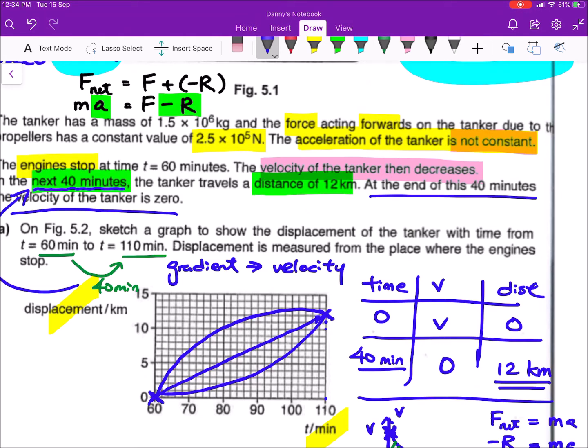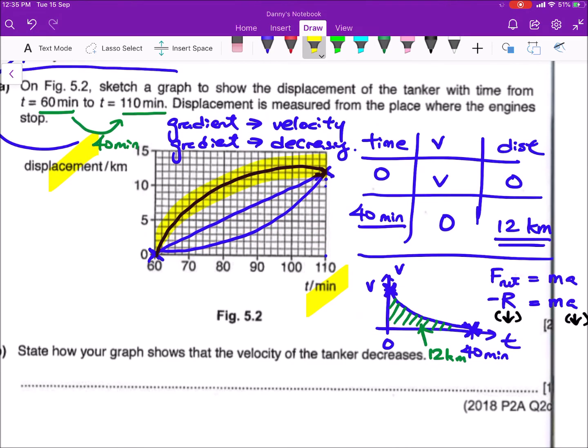And from the context of the question, I can see that the velocity is dropping. This means that my gradient must also be decreasing. So if I look at these three lines, 1, 2, 3, which one gives you a gradient that is dropping? If I look at the center line, this one is a straight line, the gradient is constant, so that is not what we want, so we do not choose this.